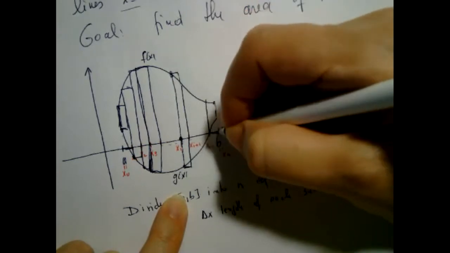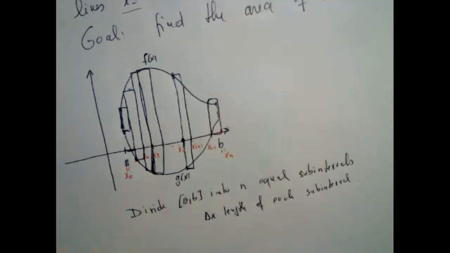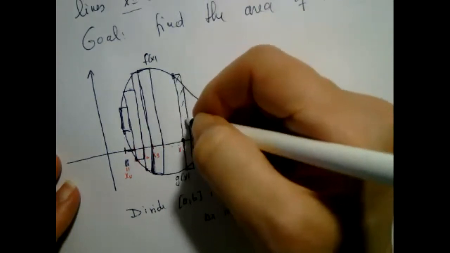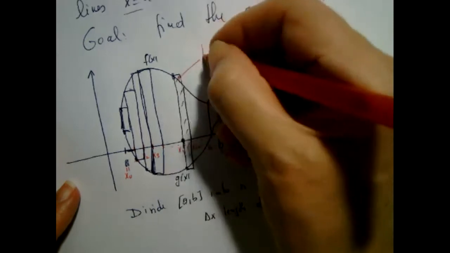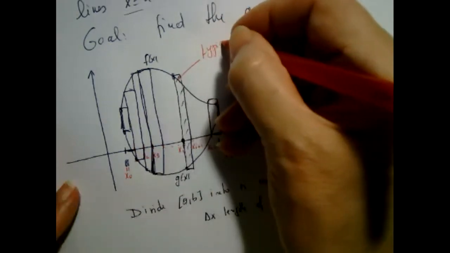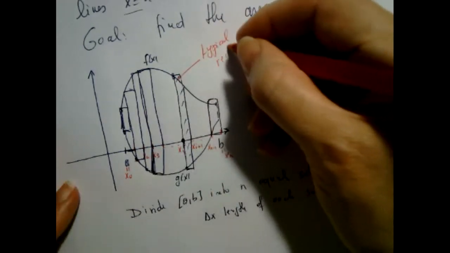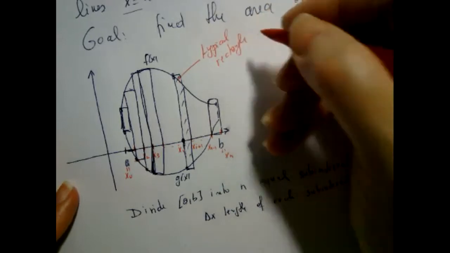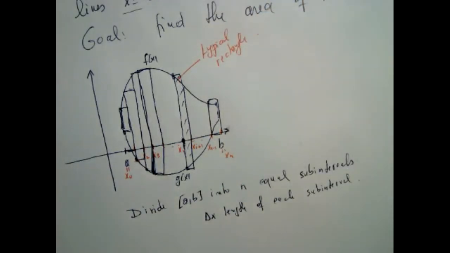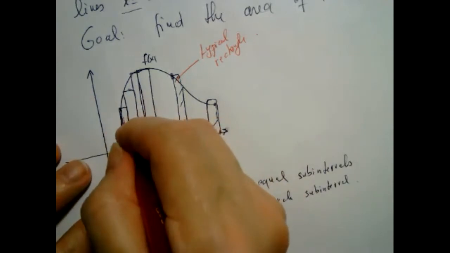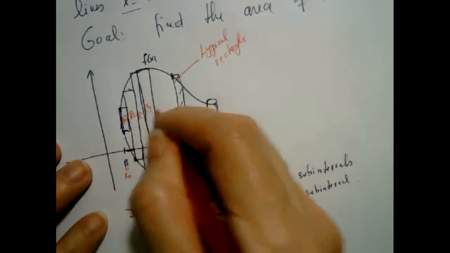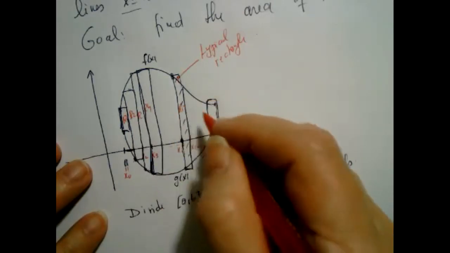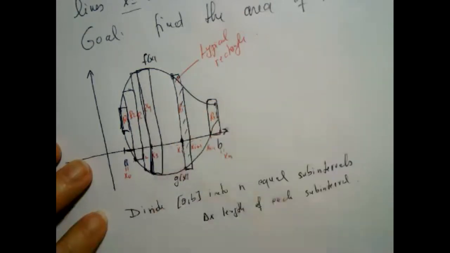So this rectangle here, we're going to call it the typical rectangle. It means it's a representative for all of them. Now, I call these R1, R2, R3, R4, Ri, and Rn.